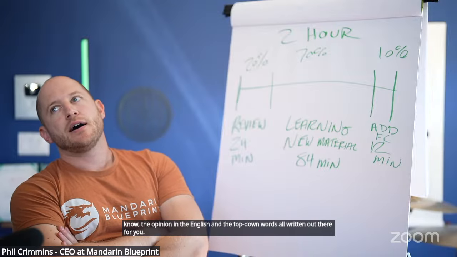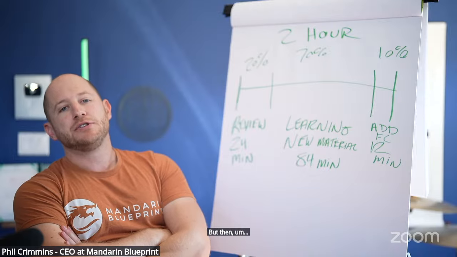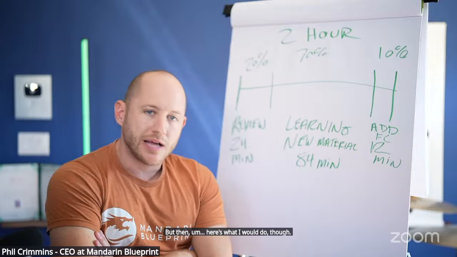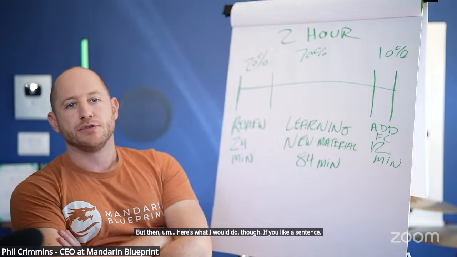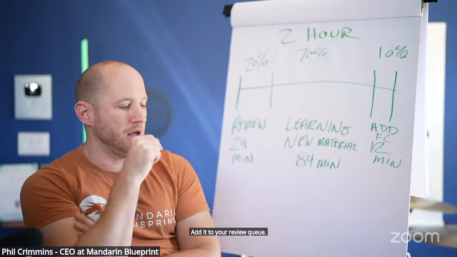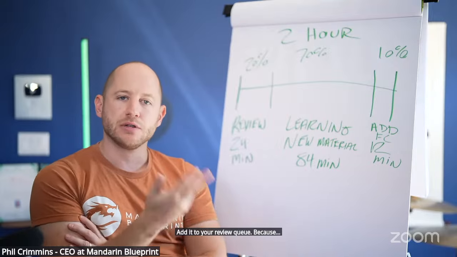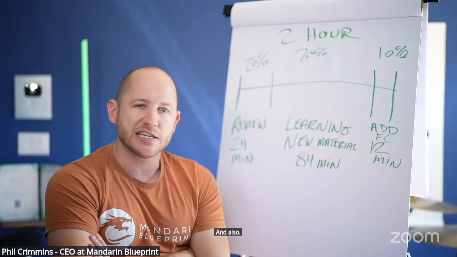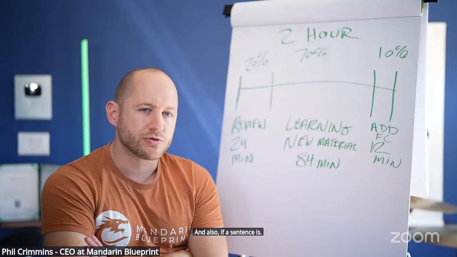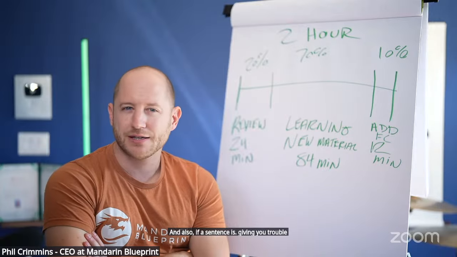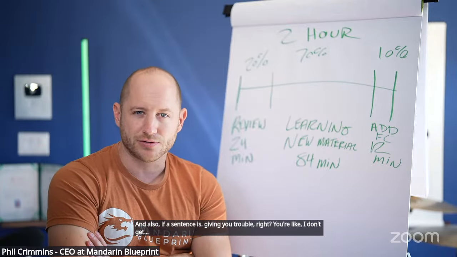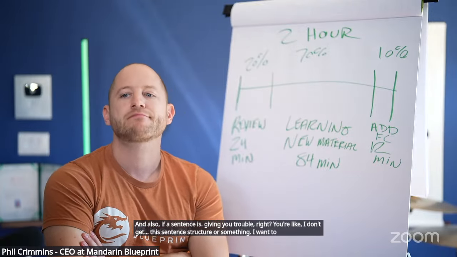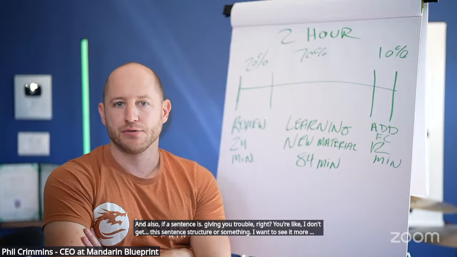But here's what I would do. If you like a sentence, add it to your review queue, because then you'll like going through your flashcards. And also, if a sentence is giving you trouble, like, I don't get this sentence structure or something, and I want to see it more often, then put it into your review queue.